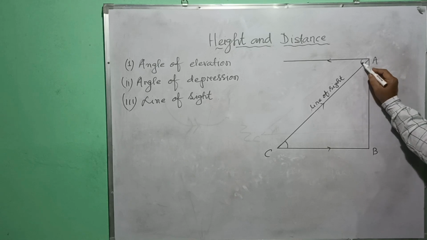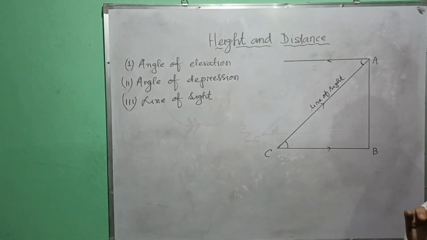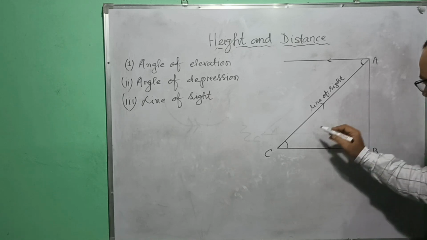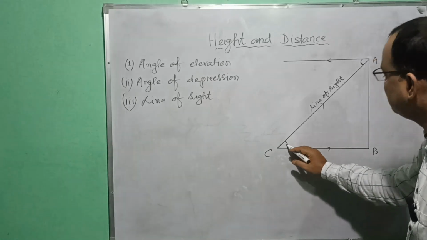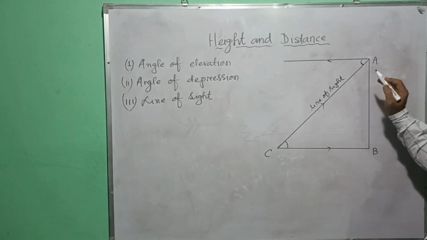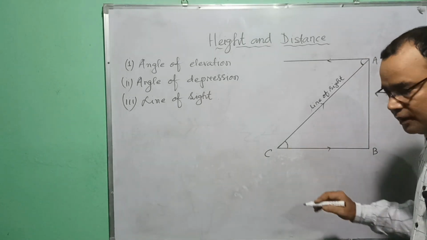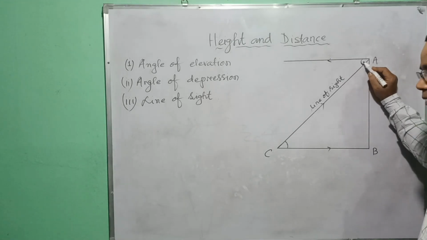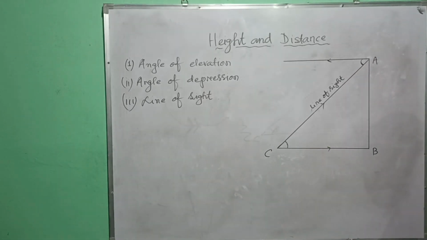So this is the angle of depression of point C. That one you have to remember. In case of angle of elevation, it is the angle of elevation of point A, the top of the tower. In case of depression, it is the angle of depression of point C. So this angle is called the angle of depression, and this angle is called the angle of elevation.